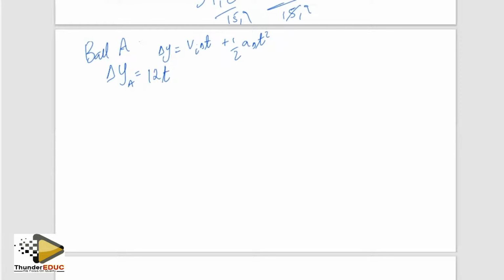Since the object is moving upwards, I'll take g to be negative, so a half into negative 9.8 with the t squared. Simplifying this, it's going to be 12t minus 4.9t squared. This is the change in y for A.